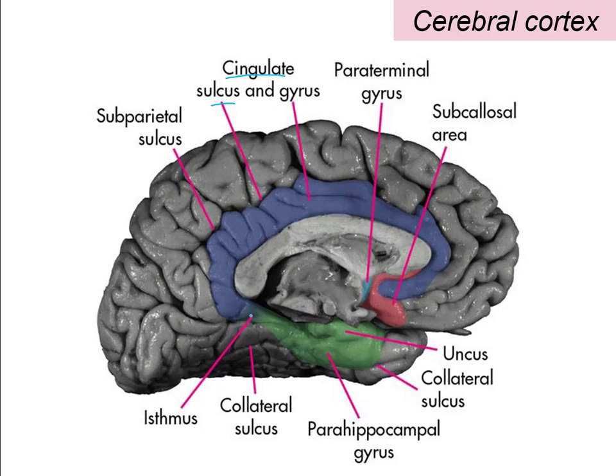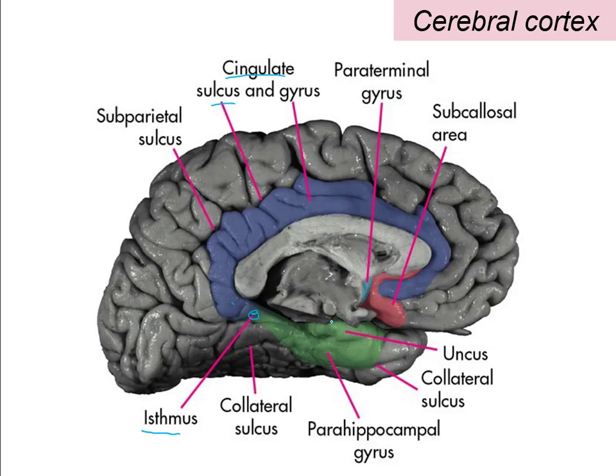It wraps around, and at this point here, it changes name, even though it is completely contiguous. And that is known as the isthmus. It's the narrow part comparable to the isthmus of the thyroid, the bridge from left to right lobes. Okay? And then from there, we come to what we call parahippocampal gyrus, because the hippocampus, as we'll see in 2 weeks, is deep to that structure.